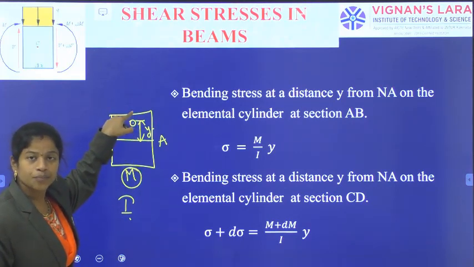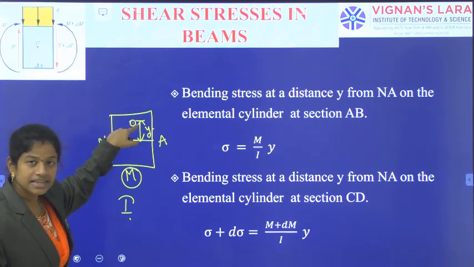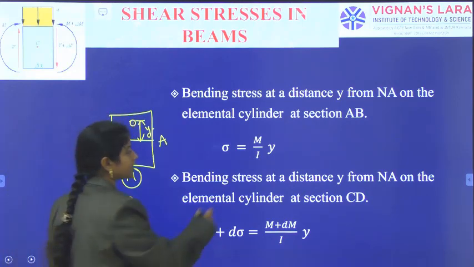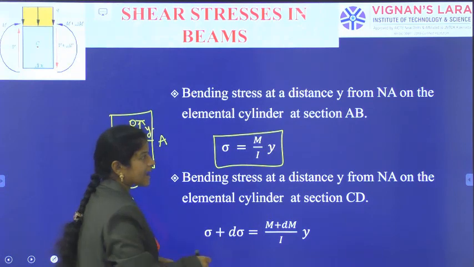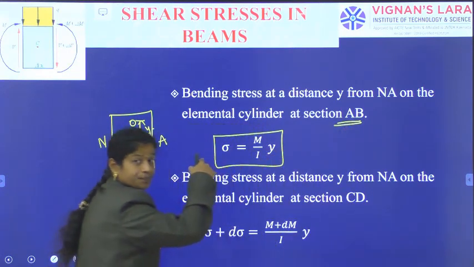Bending stress sigma is equal to M by I into y. So that is the bending stress acting on section AB.